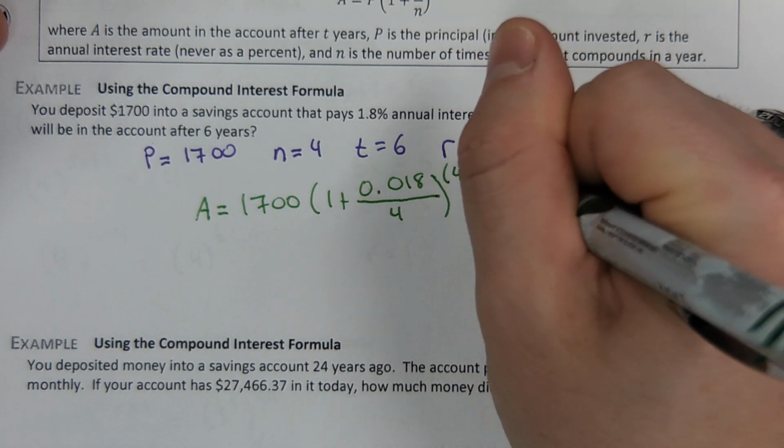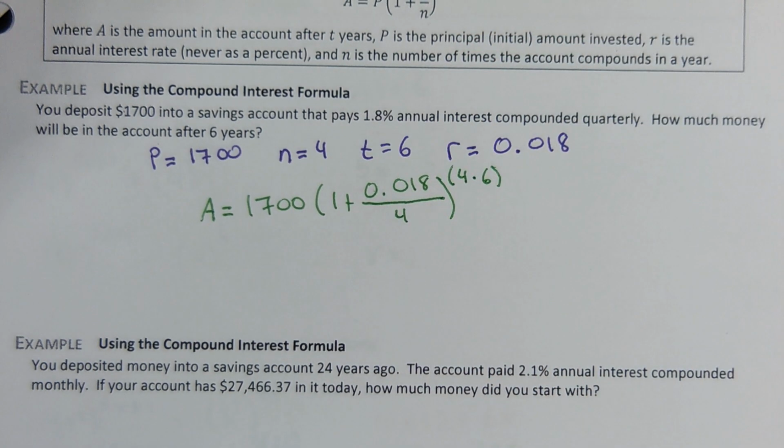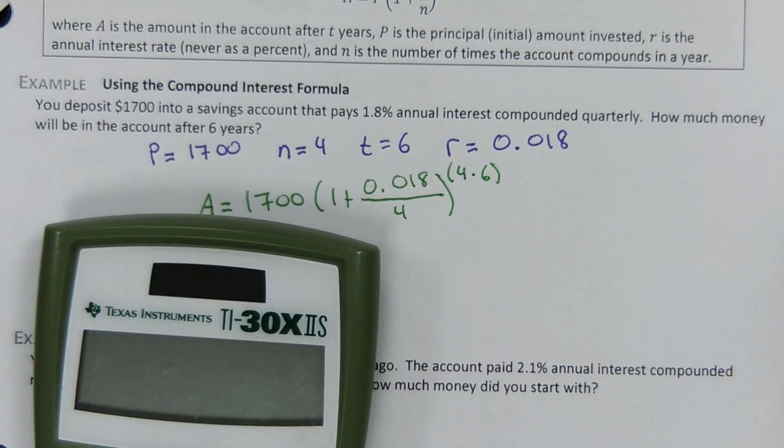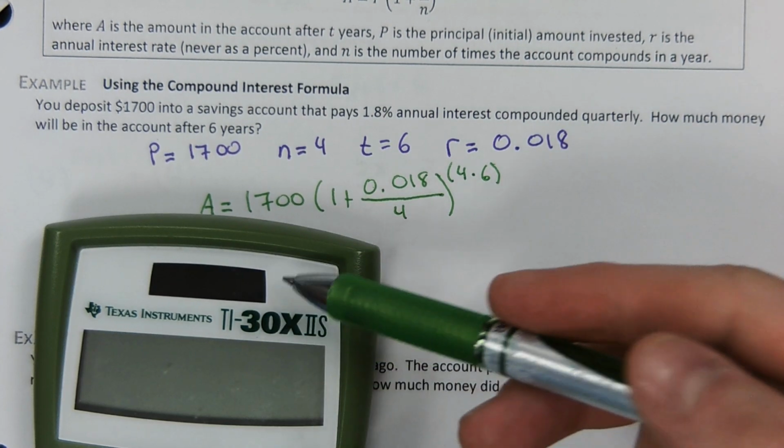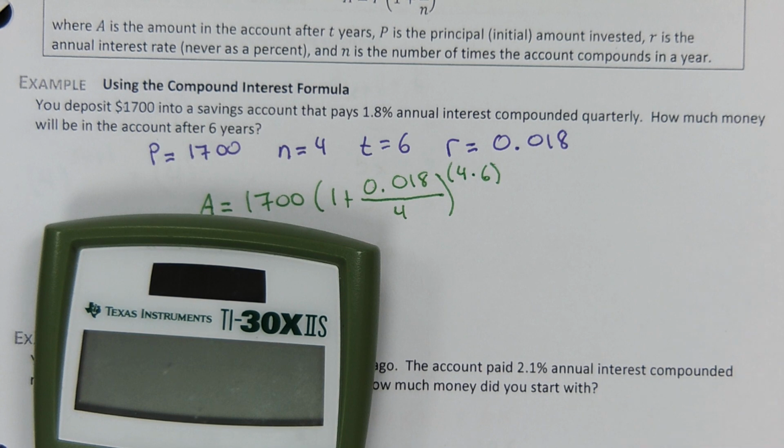And as long as you're using a scientific calculator that is this one or better, this is very easy to do. If you're using the battery operated calculator, it's not that it's difficult, it's just that you have to think a little bit more.